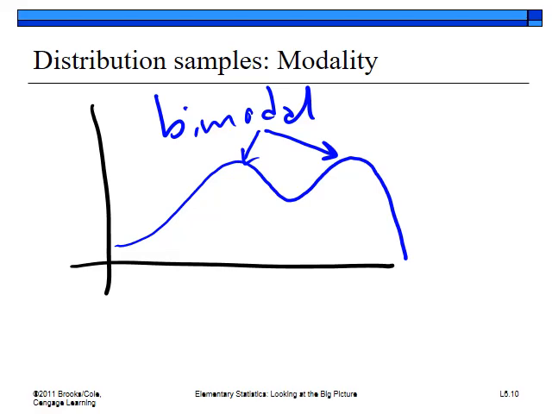Remember, the height of the graph here indicates the frequency at which the corresponding values appear. So two peaks means two values that occur more frequently than others. On the other hand, a unimodal distribution will have just a single peak.